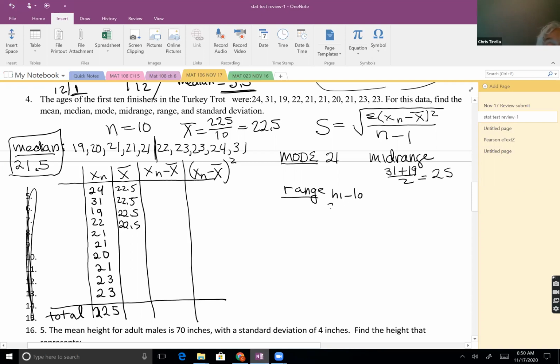And so if I take 31 minus 19, my range is 12. Is everybody all right with mean, median, mode, mid-range, and range? I was just wondering, do you always divide by 2 for the mid-range? Yes.